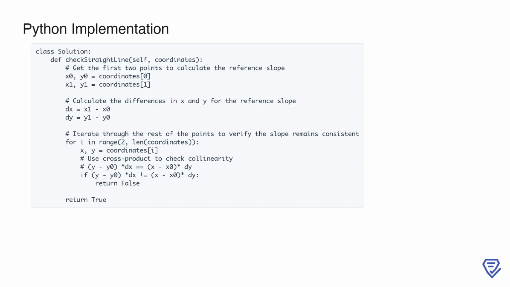If any point fails the collinearity check, the function immediately returns false. If all points pass, the function returns true. This approach ensures that the solution is efficient with a time complexity of O(n), where n is the number of points. It also handles edge cases such as vertical and horizontal lines, as the cross-product formula applies universally without requiring special handling for undefined slopes.